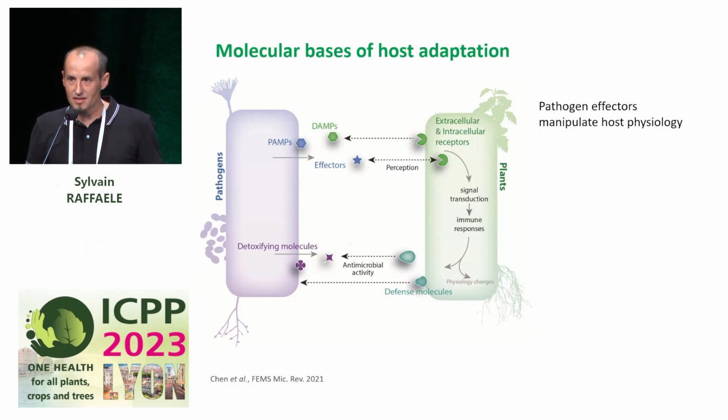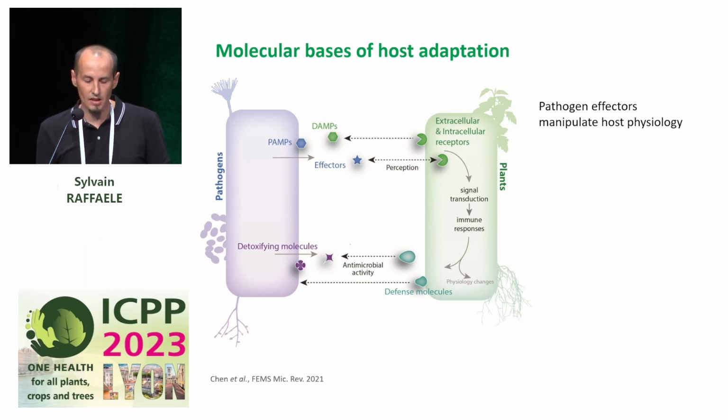So to get started, a very broad general primer on what effectors are and the molecular basis of plant-pathogen interactions. Pathogens, on this side of the diagram, secrete molecules that interfere with the functioning of their host. That can be called with the general term of effectors.